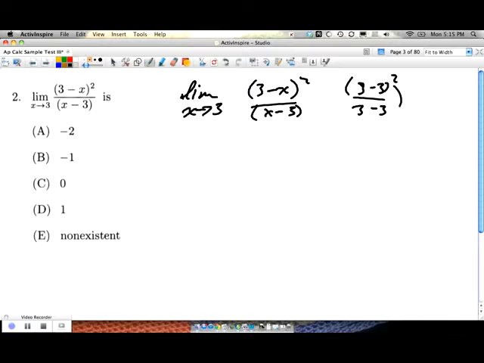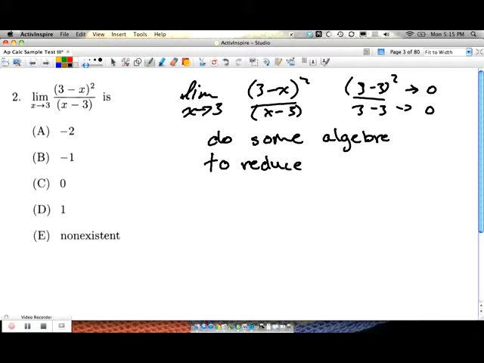Well, with that in mind, I would see that the top is going to go to 0 and the bottom's going to go to 0. That tells me that I need to do some algebra to reduce first. Because when I reduce, that 0 on top and bottom, it's going to be gone. Somehow I need to factor things and figure out what can pull apart.